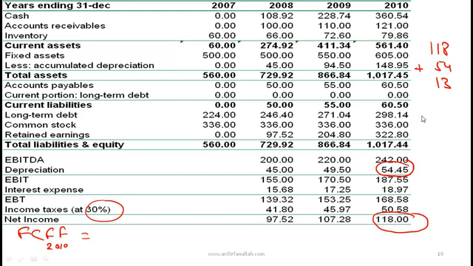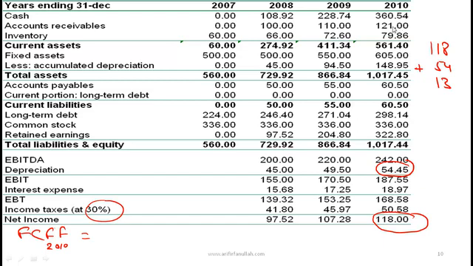Then what do you do next? You subtract your working capital investment and your fixed capital. Okay, now what is your working capital? It's your net working capital. In your working capital, do you consider cash? No, because you are calculating the change in cash. So we are doing the change in working capital.